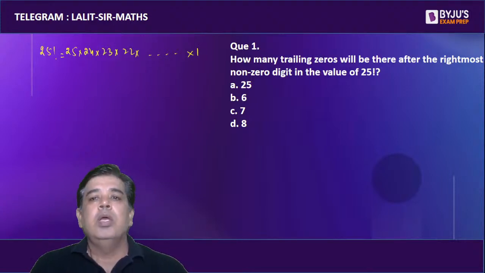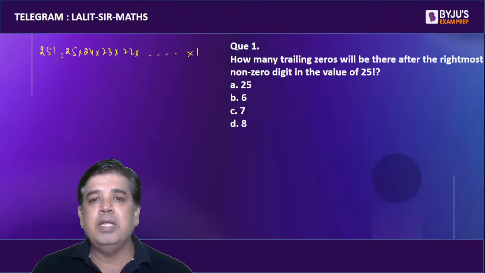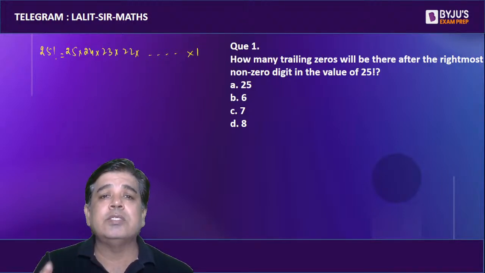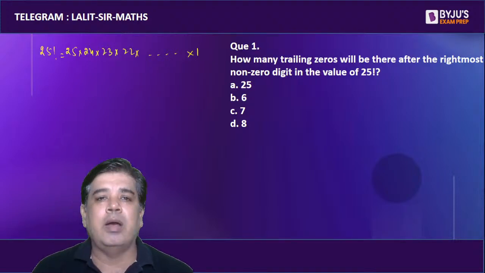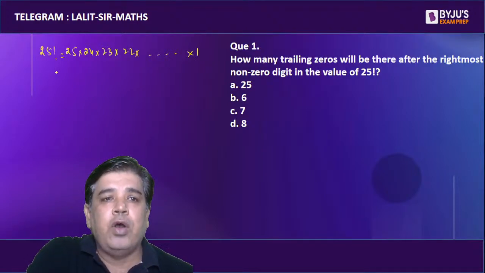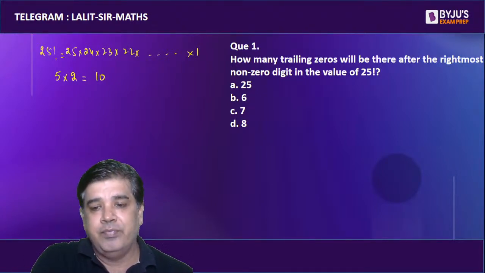Now, the concept behind finding the number of zeros means actually we are finding how many tens will come in this whole product. How many times 10 will come in this whole product. You can see that 10 is formed when 5 is multiplied with any even number. Means 5 into 2 gives 10, right?